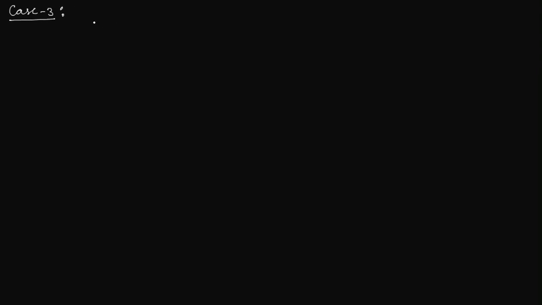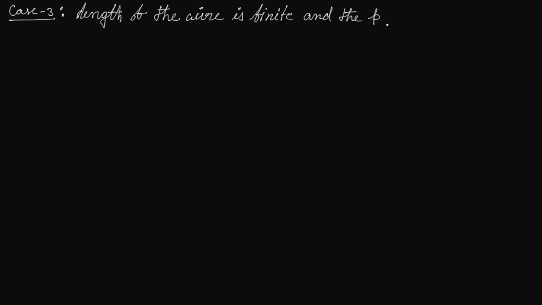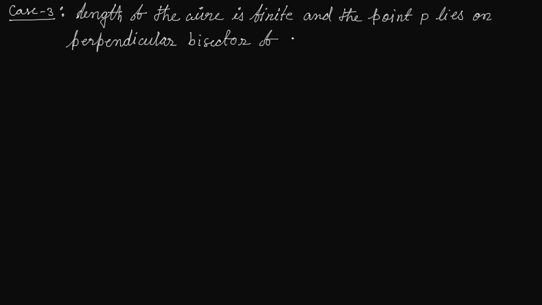So if the length of the wire is finite, and the point P, that means where we wanted to calculate electric field, lies on the perpendicular bisector of the wire.